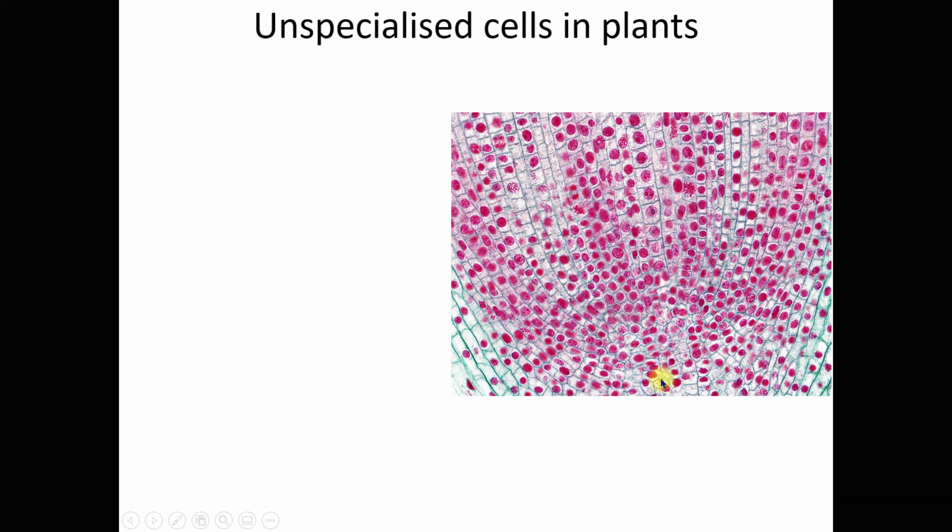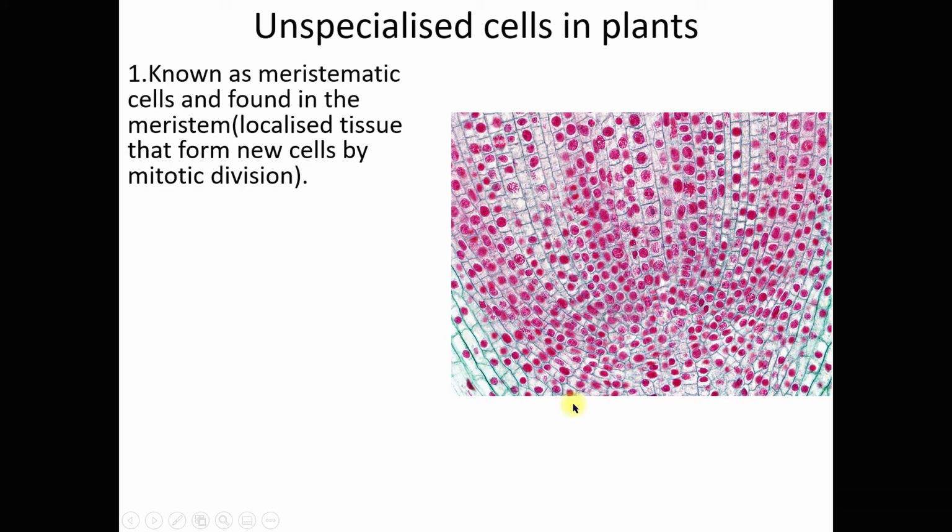Alright, unspecialized cells in plants. These unspecialized cells in plants are known as meristematic cells and are found in the meristem. Now, what is meristem? It is a localized tissue that forms new cells by mitosis or mitotic division.